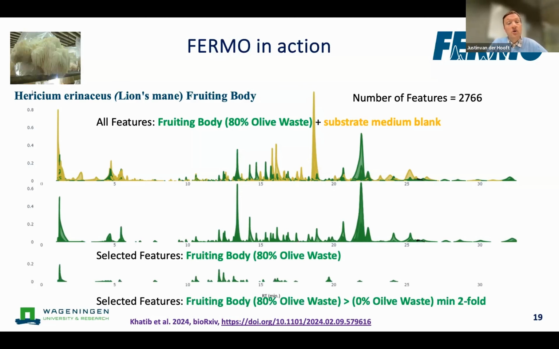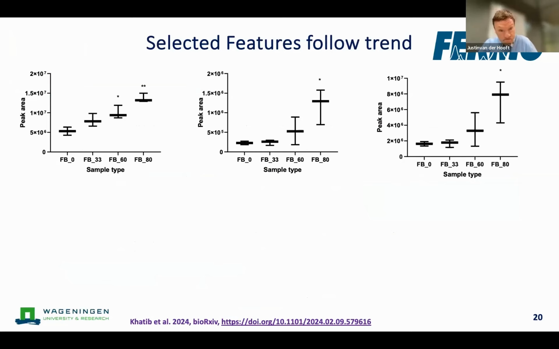And now we can also do another round of selection where we only select the features that are minimum twofold higher in the fruiting body with 80% olive waste over the fruiting body with only 0% olive waste. Now you can see that we are left with much fewer features. And now the question is, of course, does it make sense? Well, Soliman and colleagues drew out some of these features.